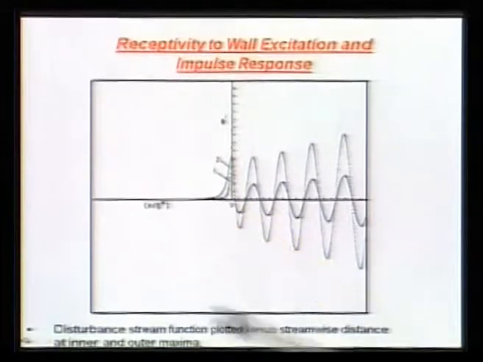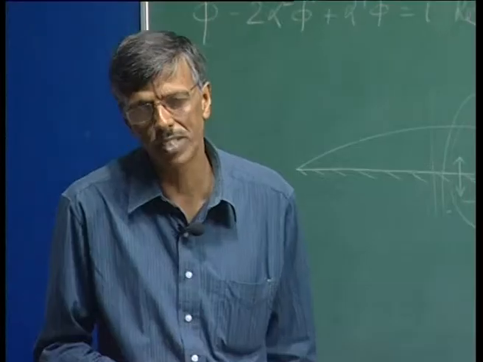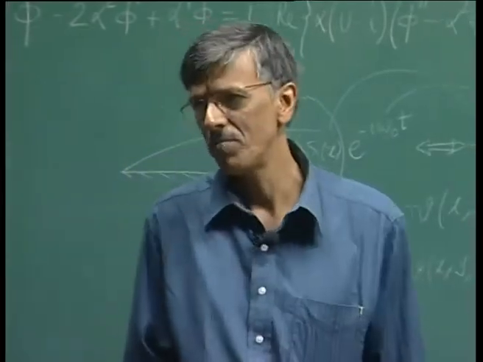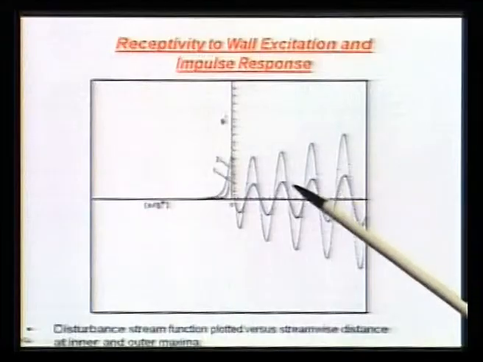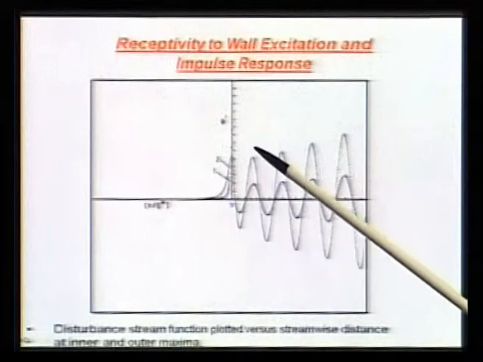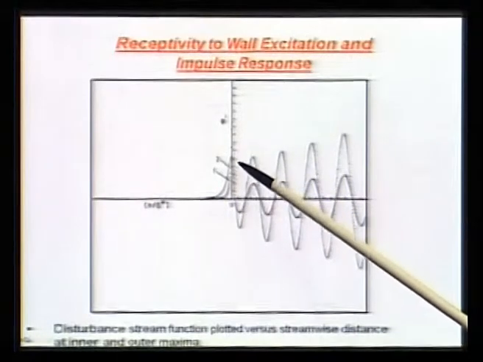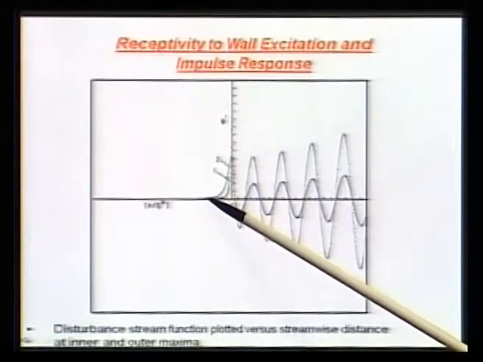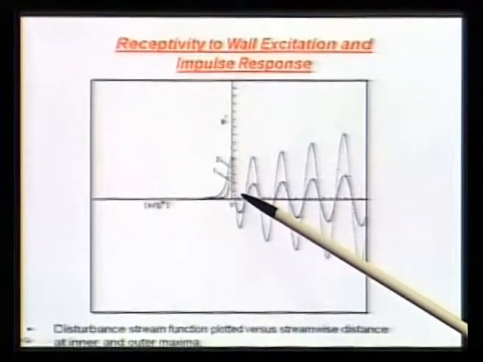How far is this? This is not very much. This is about 30 to 50 delta star. Okay? And the penetration is restricted, but it is still in a continuous manner.